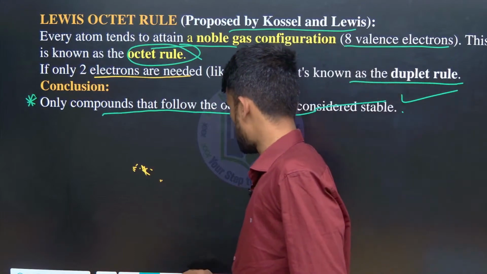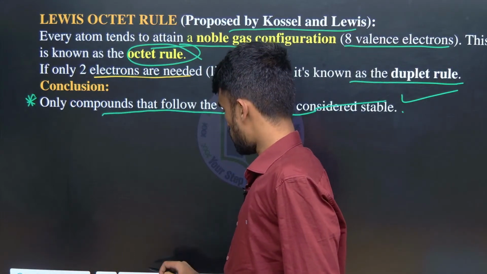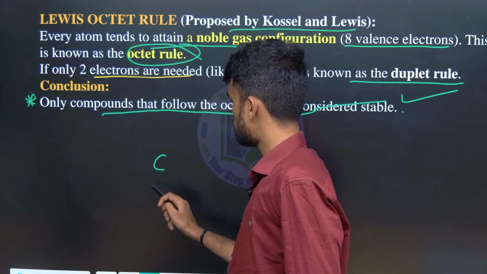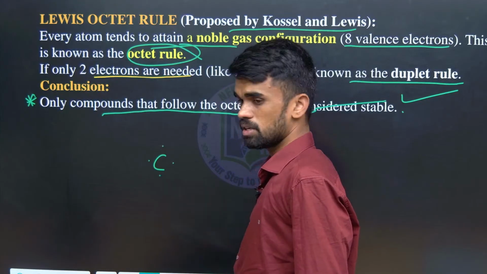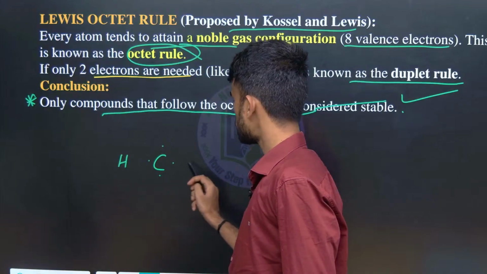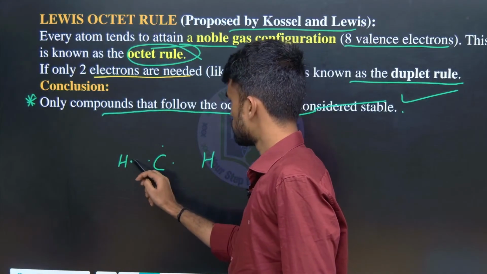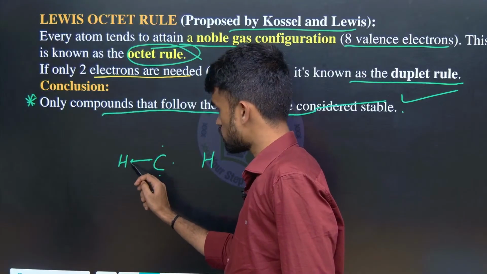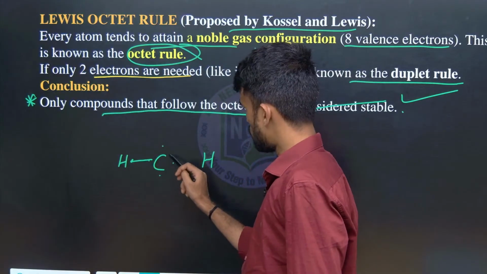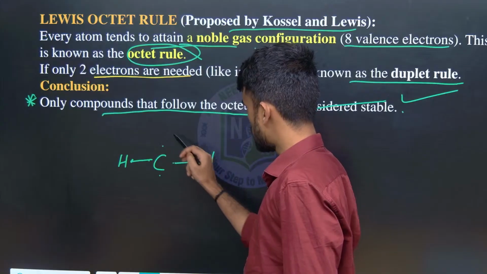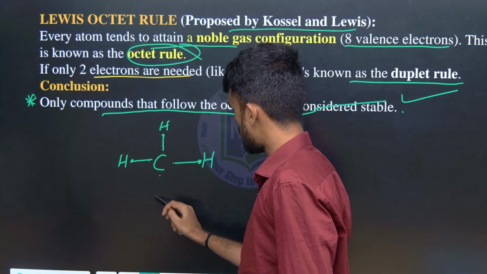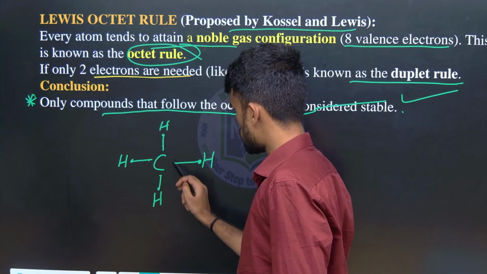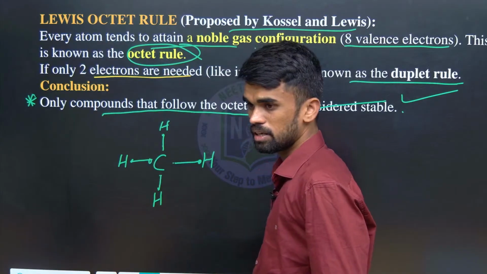For example, methane: how many electrons are there around the carbon? Valency 4, so 4 dots. Hydrogen, how many? 1 electron, 1s1. By sharing, it gets 2 electrons, duplet. Likewise on this side 1, here also 1, and here 1 more. Now how many electrons does carbon have?